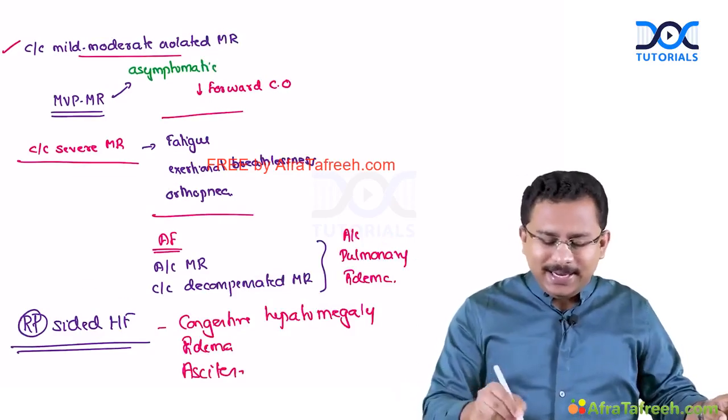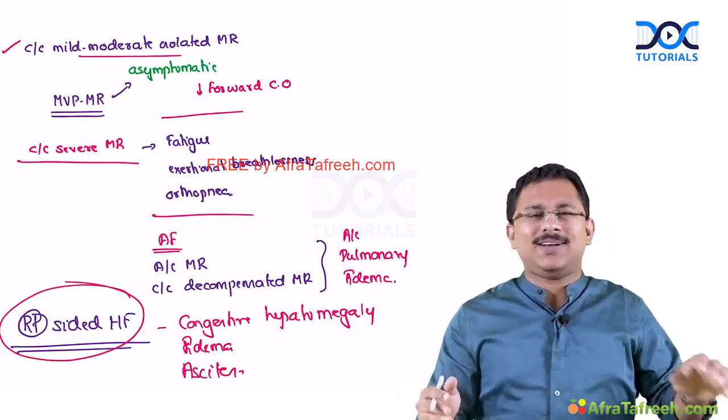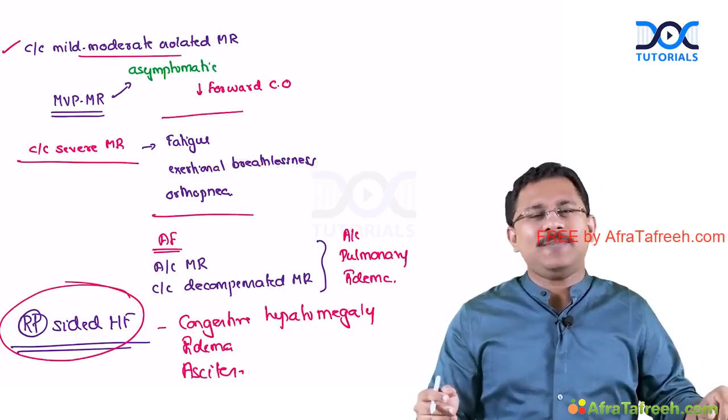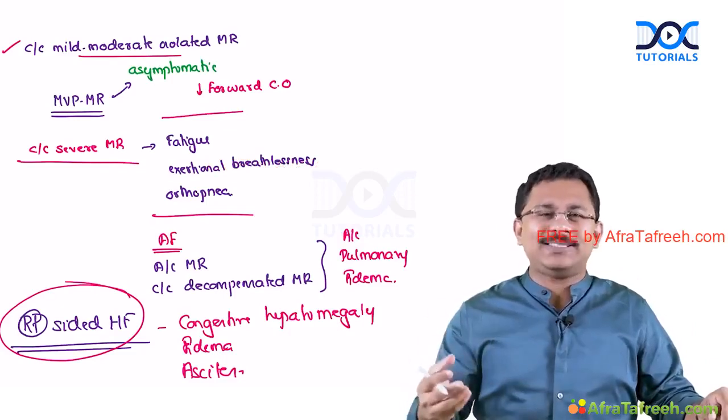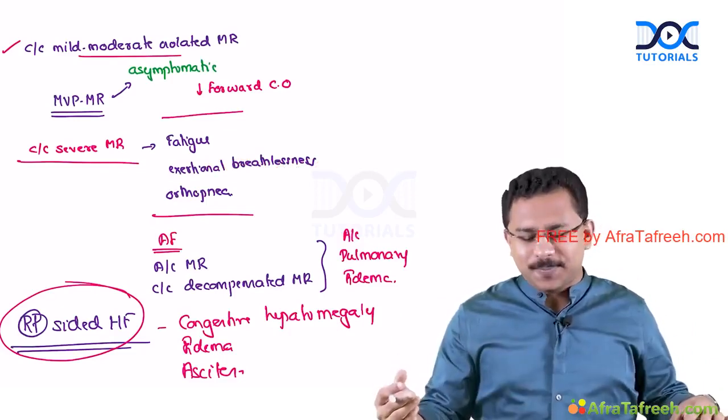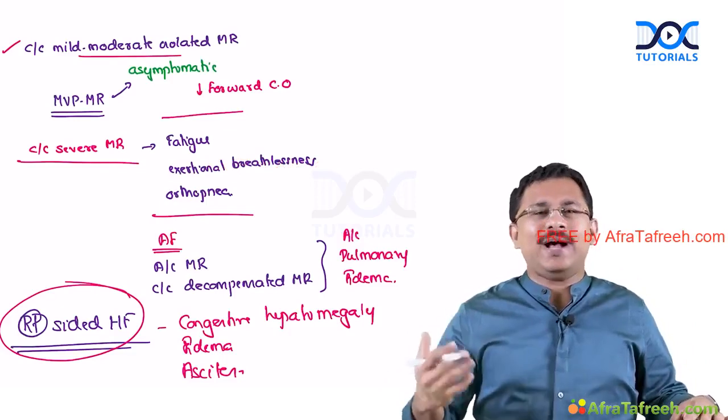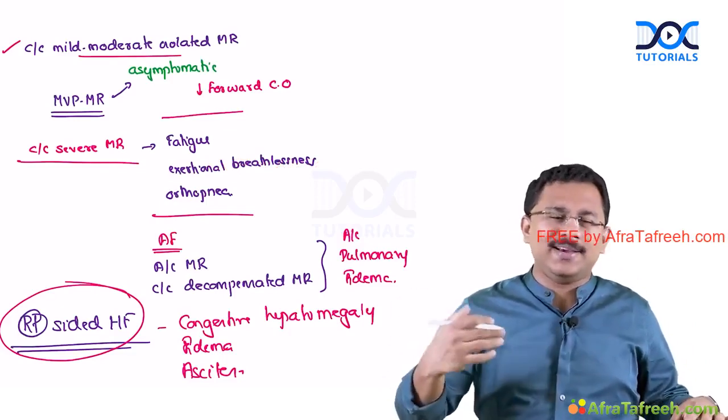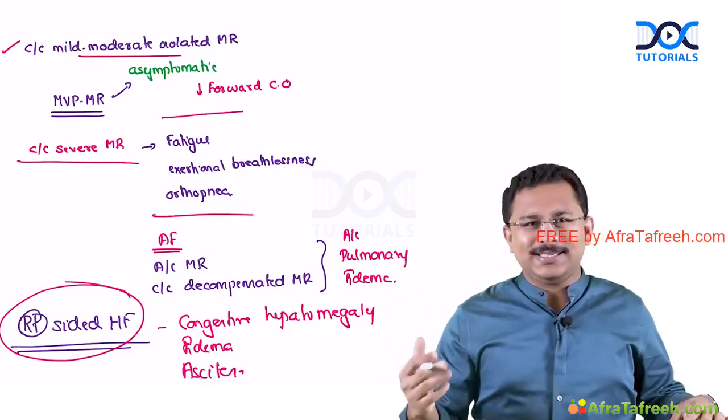Right-sided heart failure often happens in the context of an acute MR or a decompensated mitral regurgitation. It commonly sets in when you have pulmonary hypertension and elevated pulmonary vascular resistance.